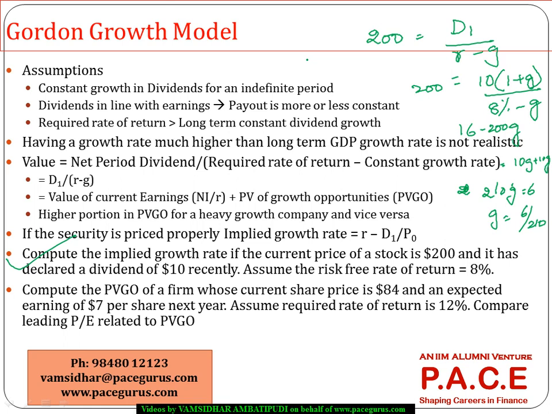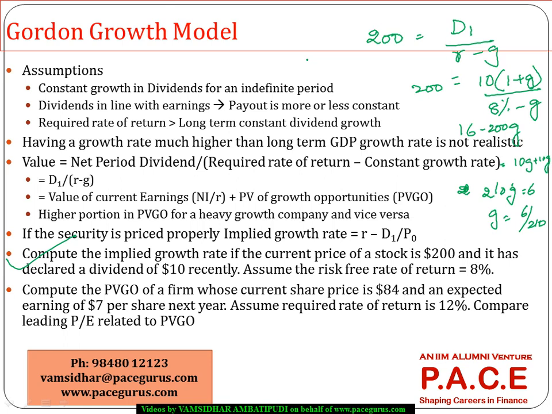Right? So we can compute the implied growth rate by equating the model value to the current market price. And once I know the current market price, I can also break out the value of the current earnings and the value of the growth opportunities that exist with the firm. So these are some of the basic calculations that we can do using the Gordon growth model, which initially stresses that right from the next period onwards, the dividends are planned to grow at a constant rate for an indefinite period.